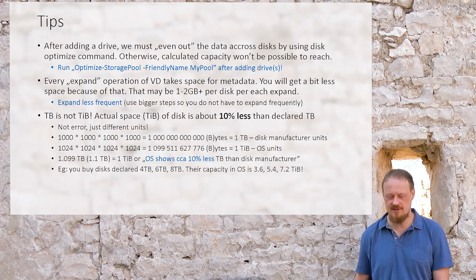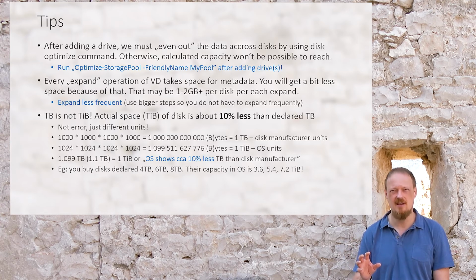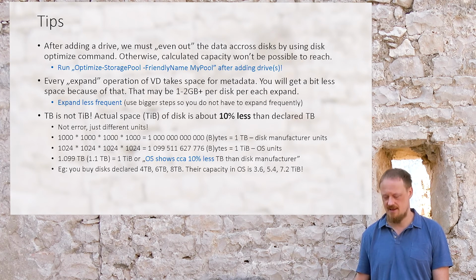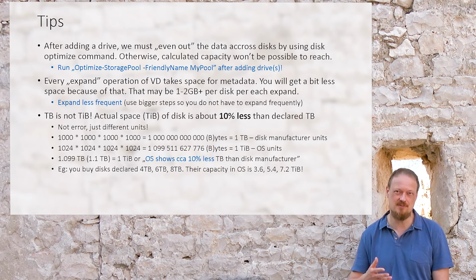For example, if you buy a drive declared as 10 terabytes, you will get in operating system 10% less, which is 9 terabytes. And this 10% rule is only if you express space in terabytes, not in gigabytes. If you buy 4 terabytes, 6 terabytes, and 8 terabytes, you will get 3.6, 5.4, and 7.2 terabytes in OS from that drive. It's not cheating, it's different units used, but sometimes they are called the same, terabyte, and you don't know which one it is, unless you know this.